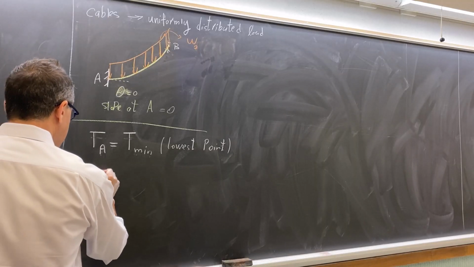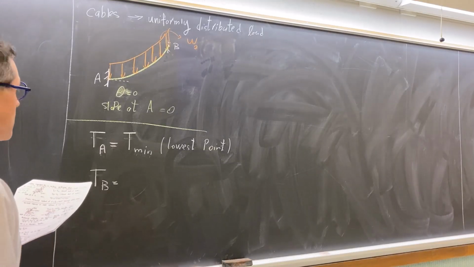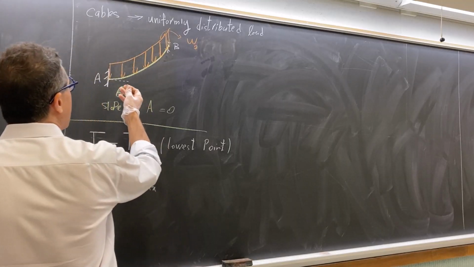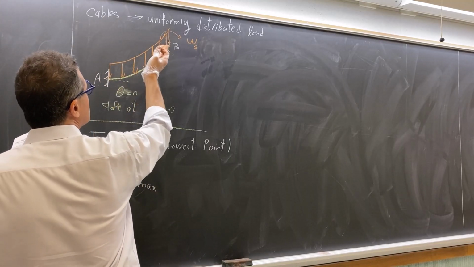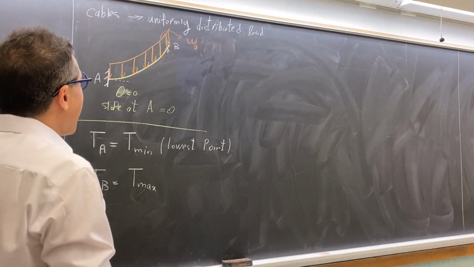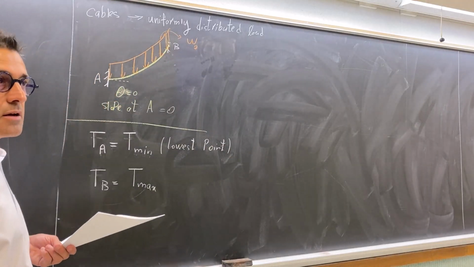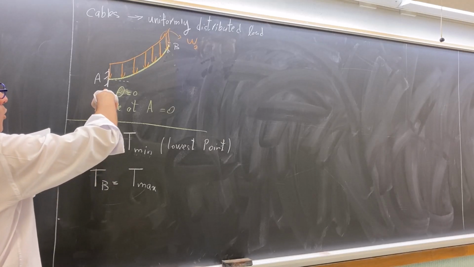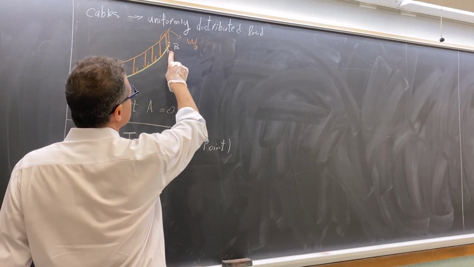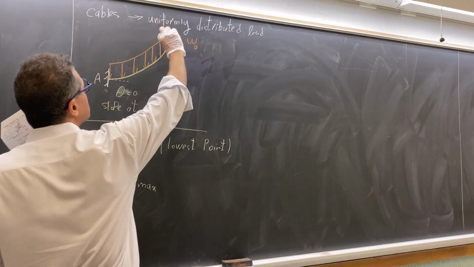Look at T at point B. Point B is the highest point of the cable, and of course it carries the maximum tensile force, because all of this orange distributed load eventually ends up at point B. So assume you are at point B and you are holding one side of this cable, and another person is holding the other side of the cable at point A. The person holding the cable at point B is suffering more load because they must carry this orange load as well.